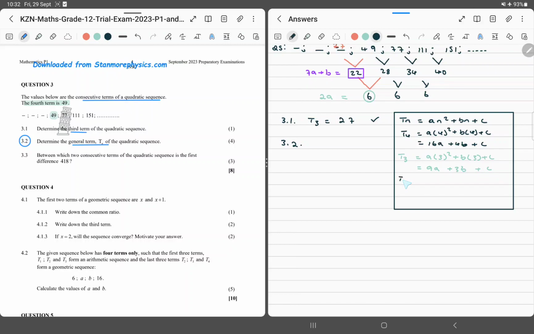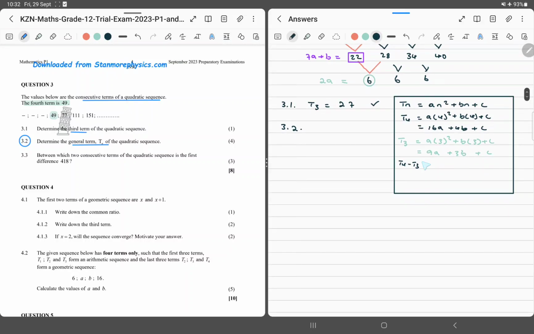Now if we say T4 minus T3, which is what is going to give us that 22, what we have is essentially 16a plus 4b plus c minus 9a plus 3b plus c.